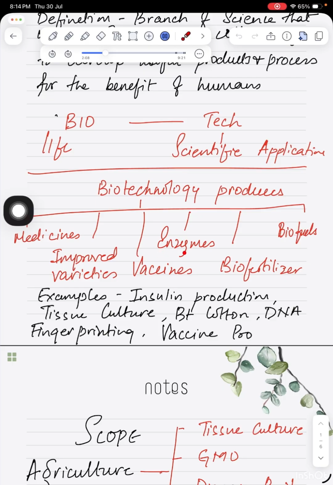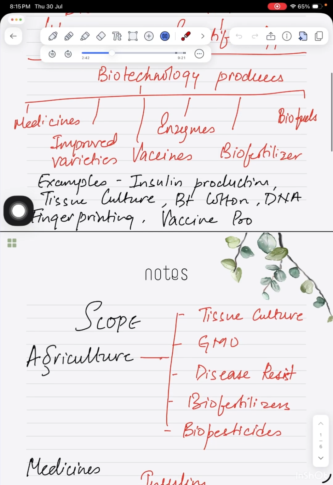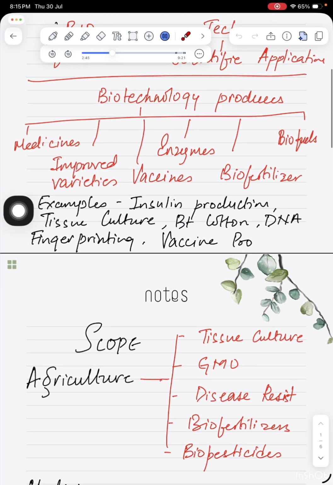And enzymes, mostly from microorganisms, we have different sorts of enzymes being tried with the help of biotechnology, biofertilizers, biofuels. So these are the products which we get after using the technique of biotechnology. There are certain examples also, like it helps in insulin production, tissue culture. The most popular crop, that is BT cotton, is also a product of biotechnology. DNA fingerprinting and vaccine production. Okay, so these are the products and examples of biotechnology.